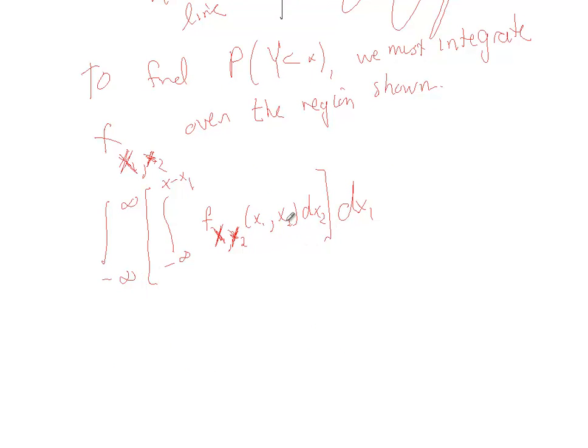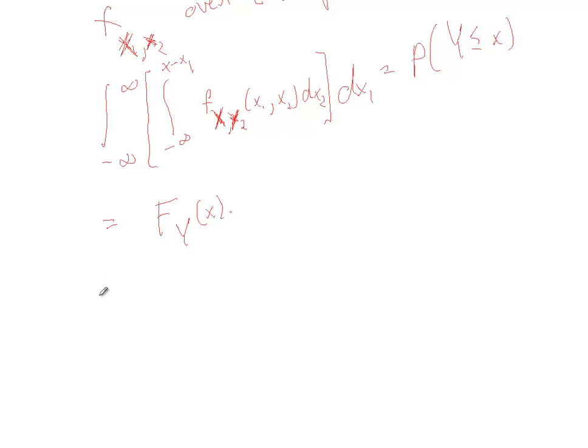Now this is equal to the probability that Y is less than or equal to x, and that's the same thing as the CDF of Y evaluated at x. Now we're asking for the PDF of Y. The PDF of Y is the derivative of the CDF. Remember the CDF is the integral of the PDF, so the PDF is the derivative of the CDF.